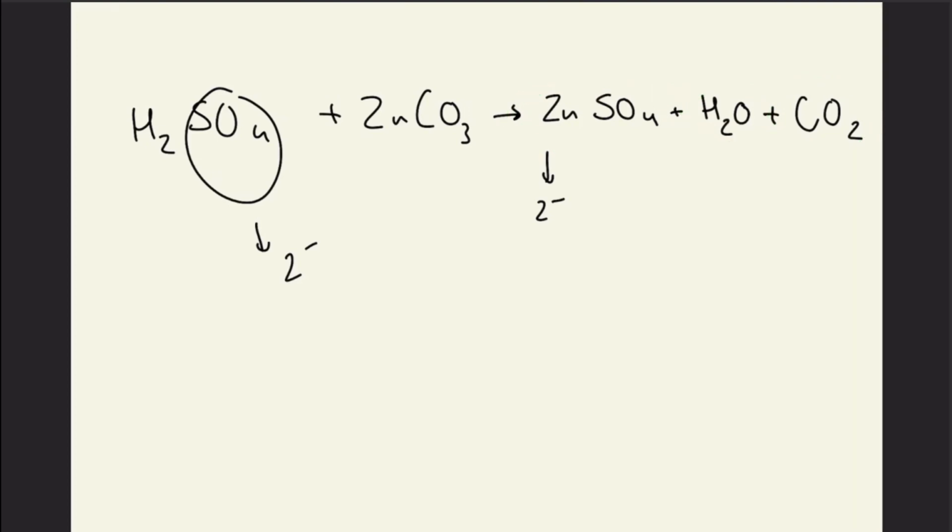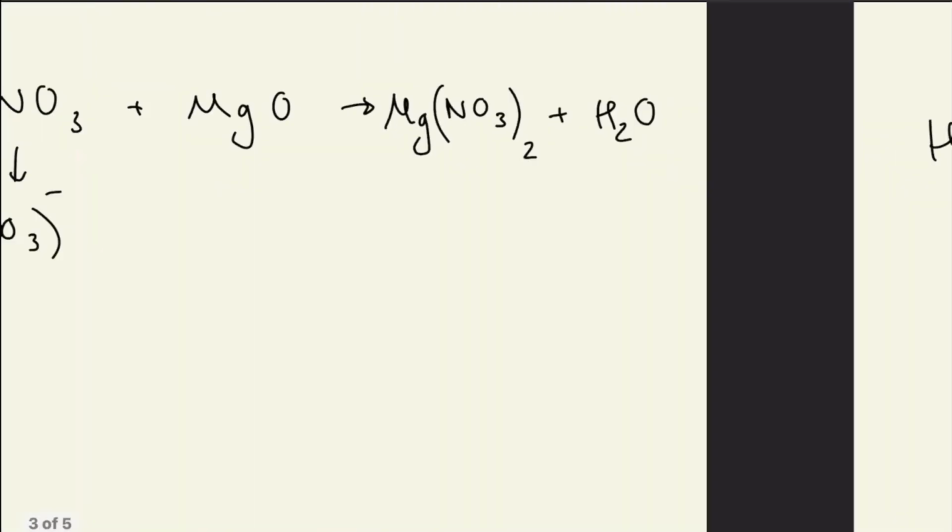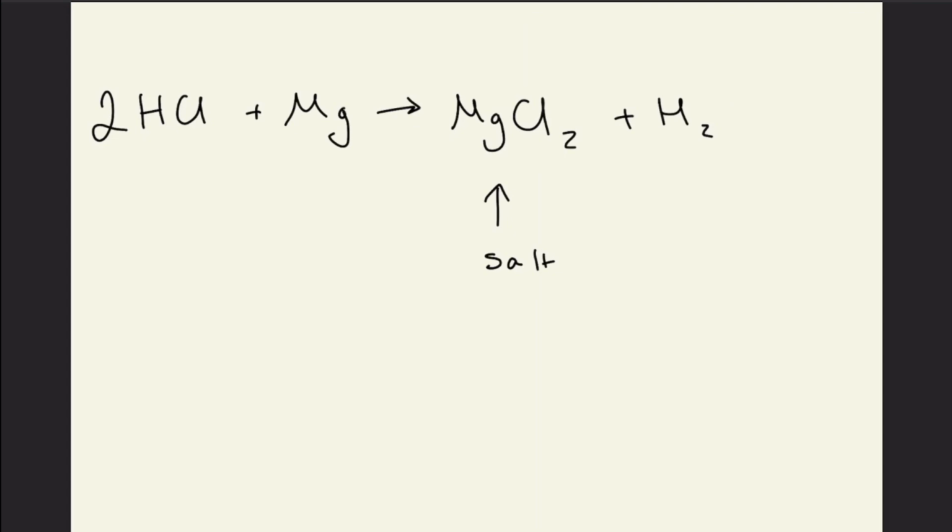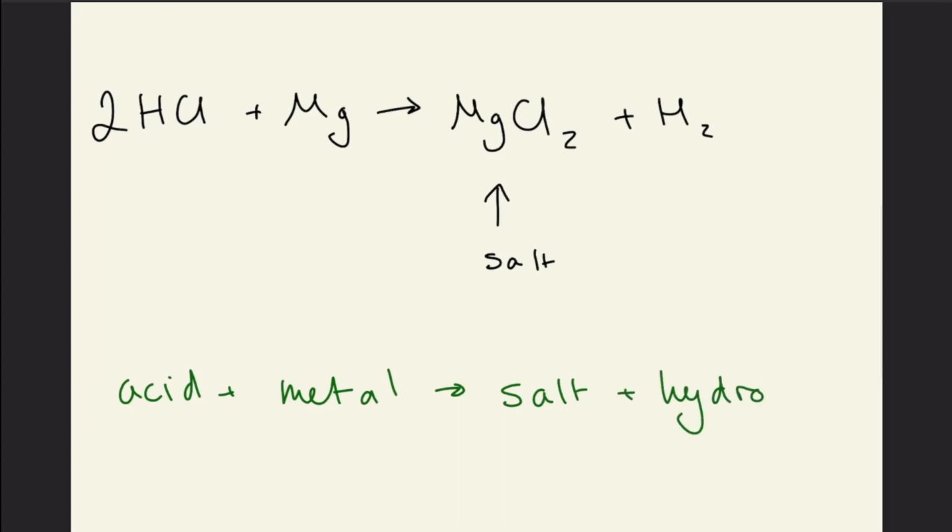So now let's try to generalize these formulas. Our first example, what do we have here? Well, we have an acid and a metal. And what that gave us was a salt and hydrogen.